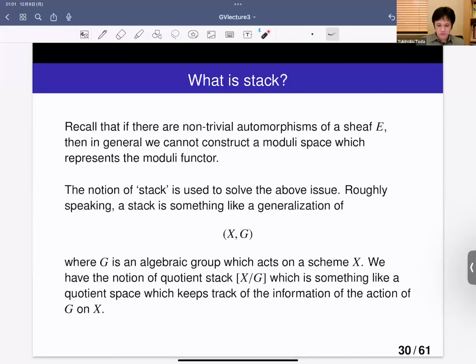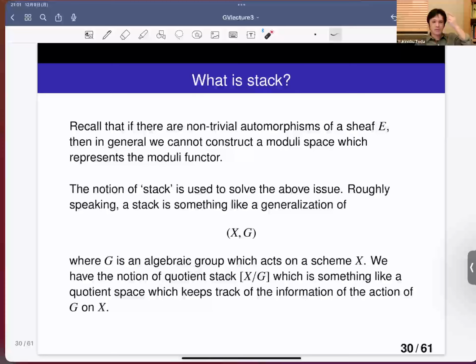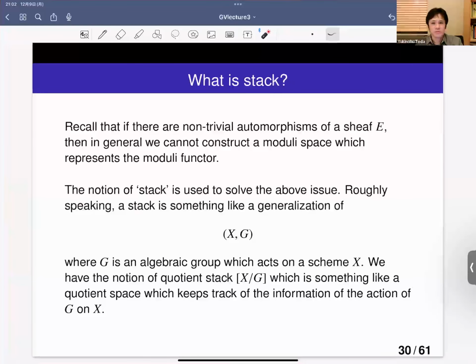So let's recall that in the case where X is a point, I said that there are some non-trivial automorphisms of the vector space, and they give some obstruction to constructing the fine moduli space. So in that case, we cannot construct the moduli space which represents the moduli functor. The notion of stack is used to solve this issue.